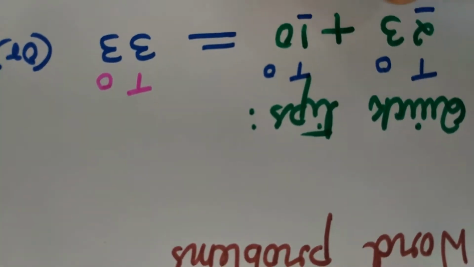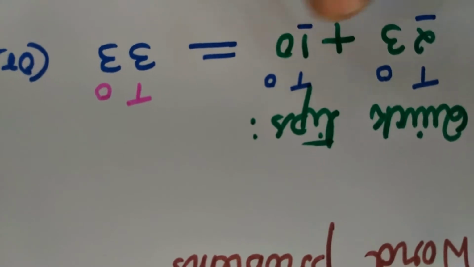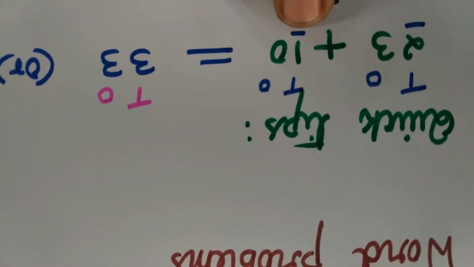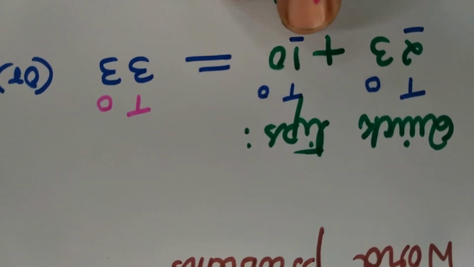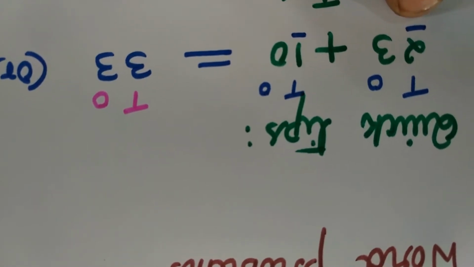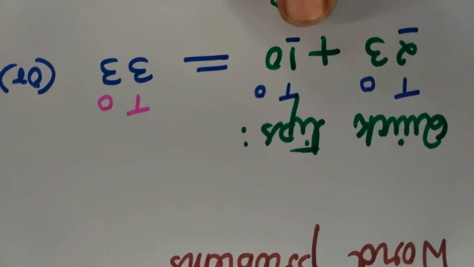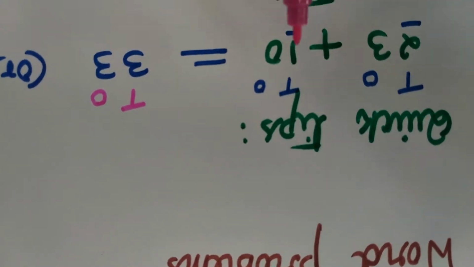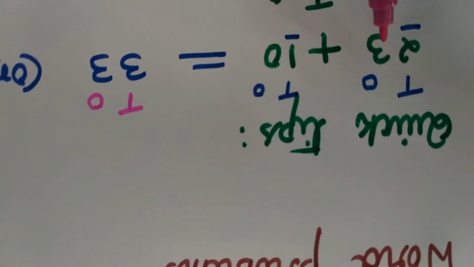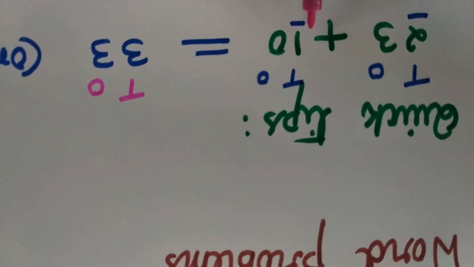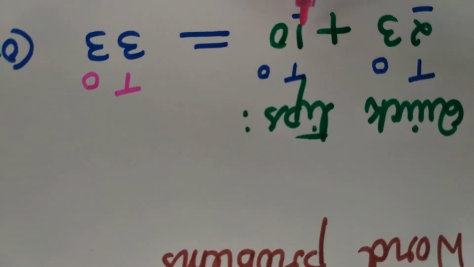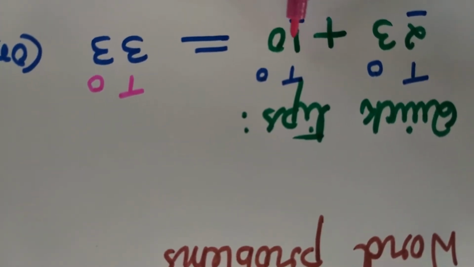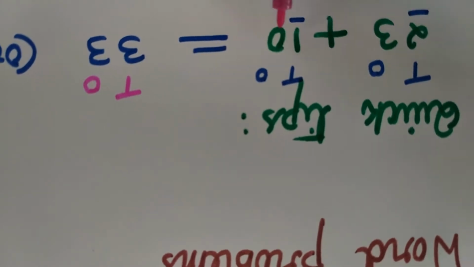Okay. So whenever you are adding 10 to any number, only which place will change? Only tens place alone will change. Okay, that you have to be careful. You want to add only 1 tens to that number.